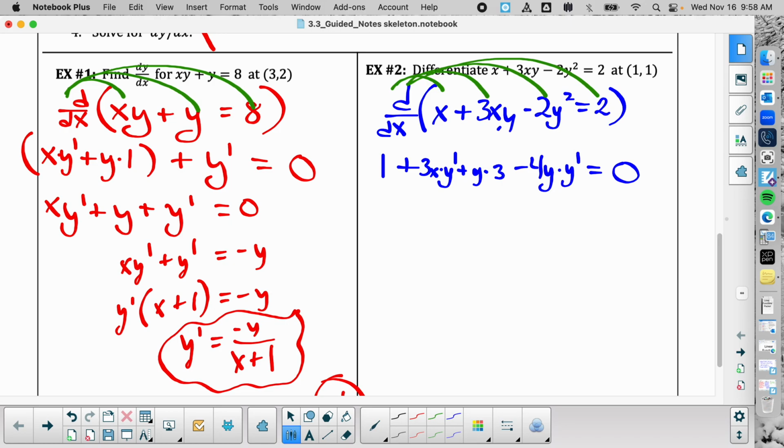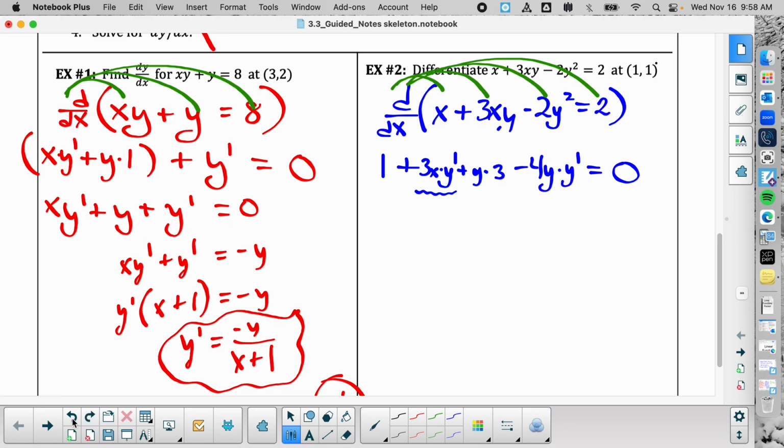But sometimes you're just gonna be asked to differentiate, not at an individual point. So if you were asked to differentiate, that means we need to solve for y prime, or dy dx, however you write that. So I would keep every term with y prime on the left-hand side.